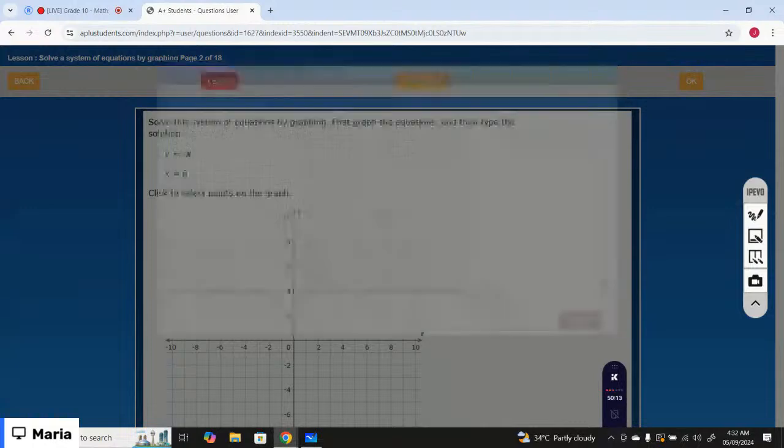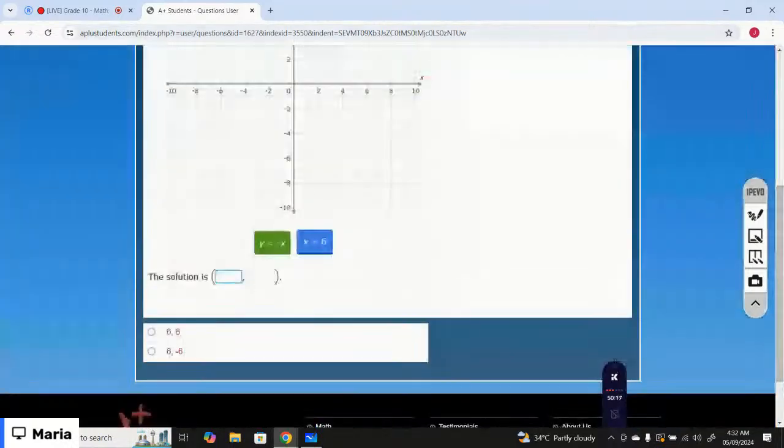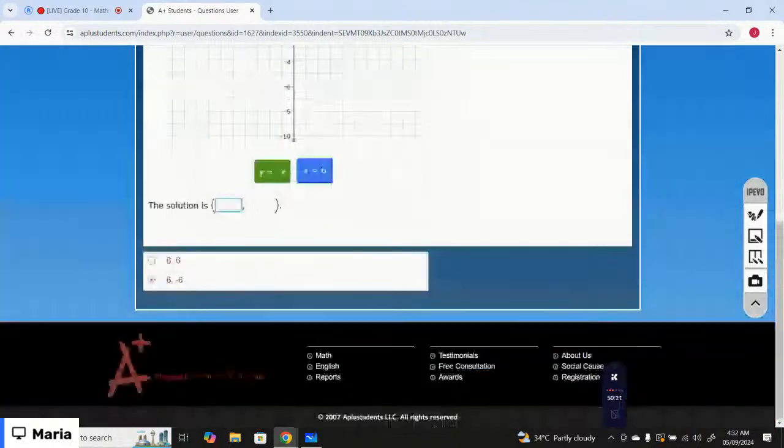Okay, let's just see the next one, right? So for this one, the solution is 6 and -6. Option number 2 is the correct option, right?